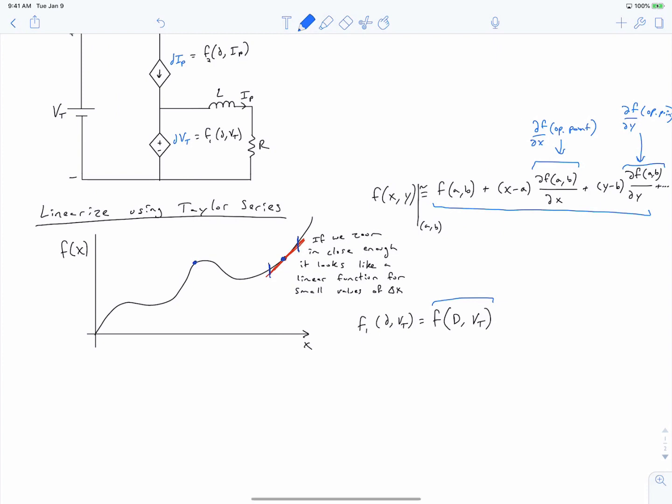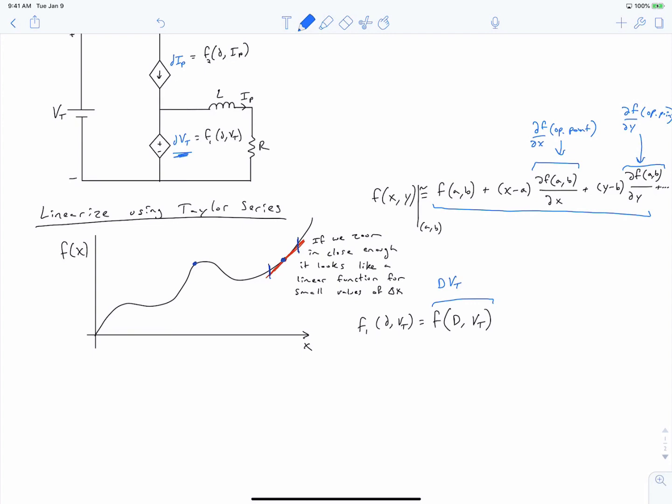This term right here, we're specifically talking about the voltage source at this point, and this term right here is going to be our duty ratio times our throw voltage. It's the original expression, but using capital letters to indicate that this is the nominal point. This is the operating point that we're considering our circuit to be linearized about. This is this coordinate right here. So this would be the operating point, or the bias point.